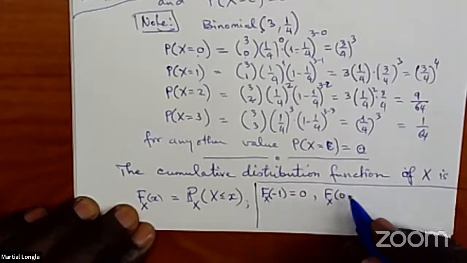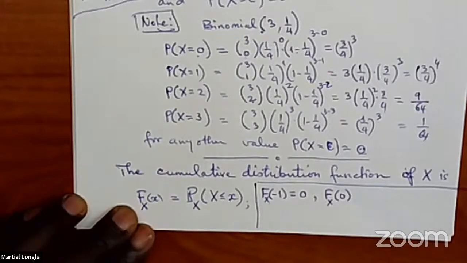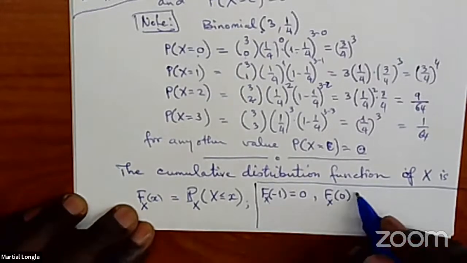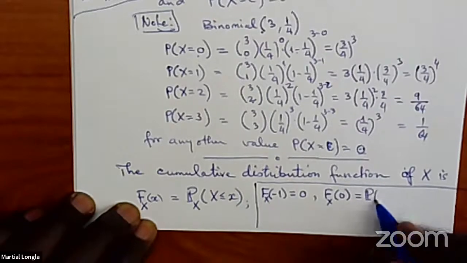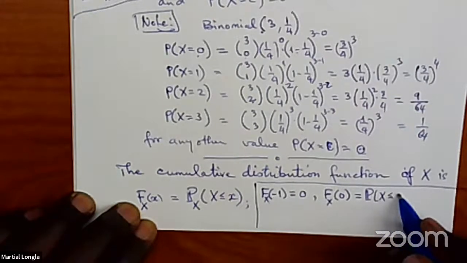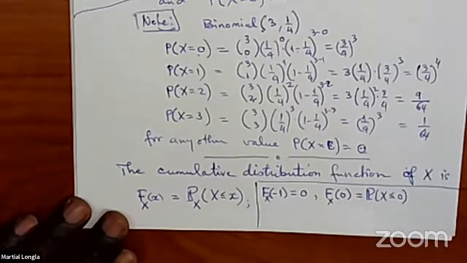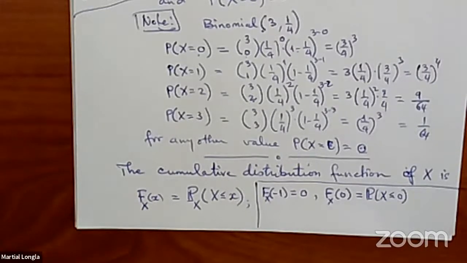If I take at 0, that's going to be probability that x is less than or equal to 0. And for that random variable, there is only one value that is less than or equal to 0, which is 0.